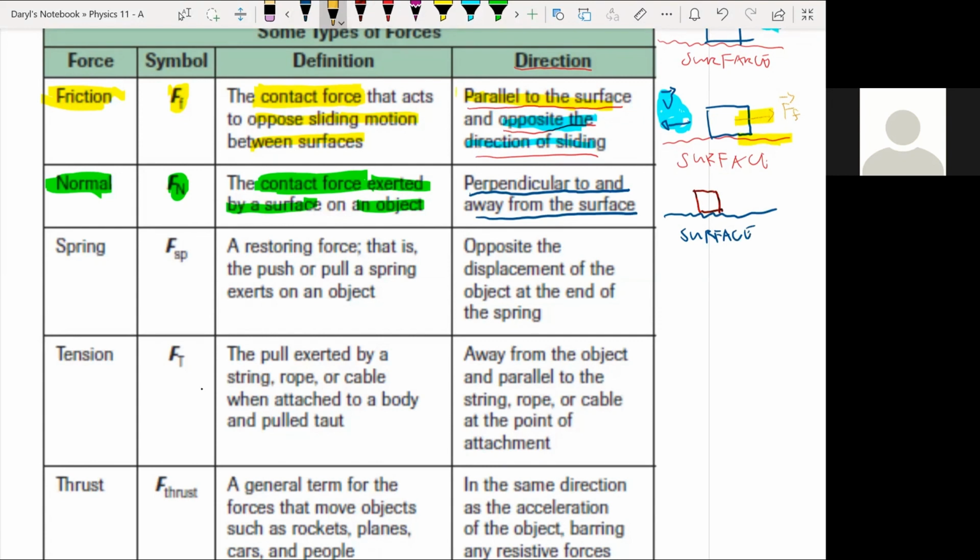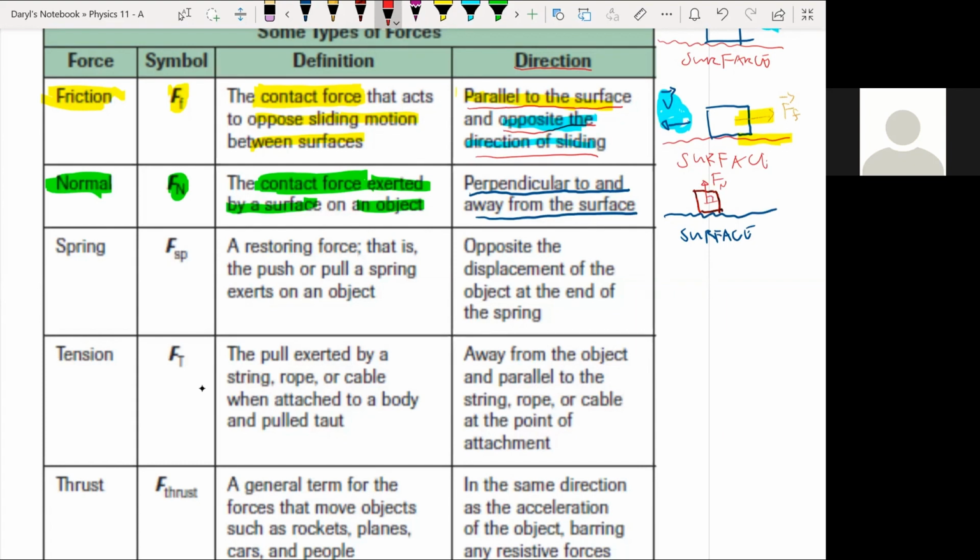This is your F sub N. If you can see, it's always perpendicular to the surface, always away.